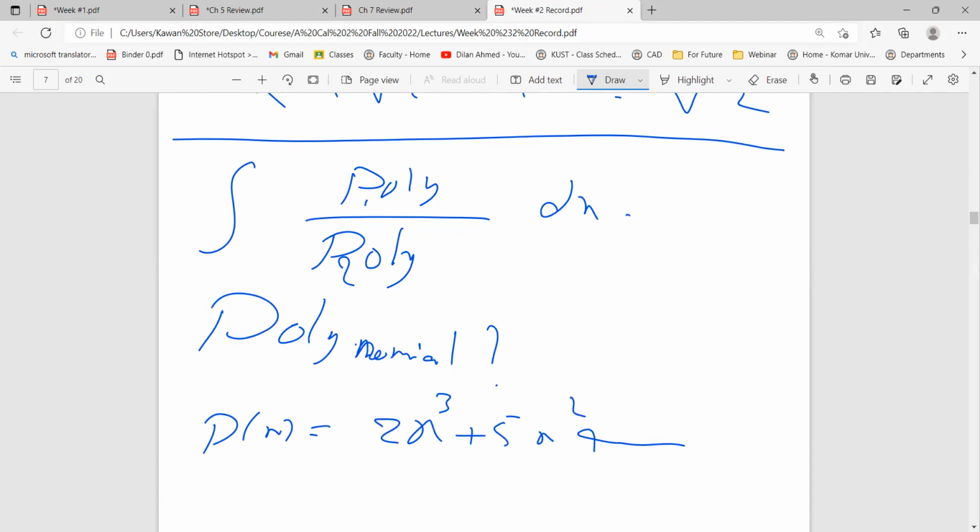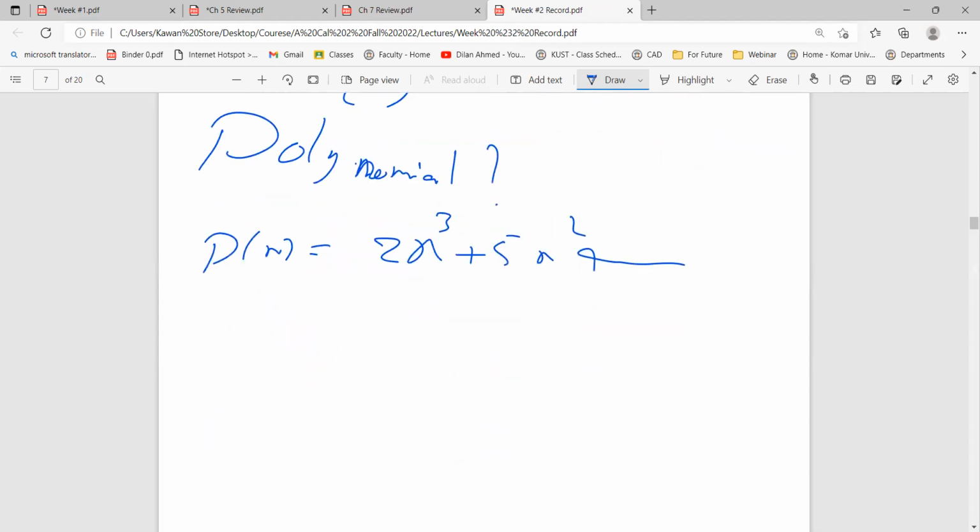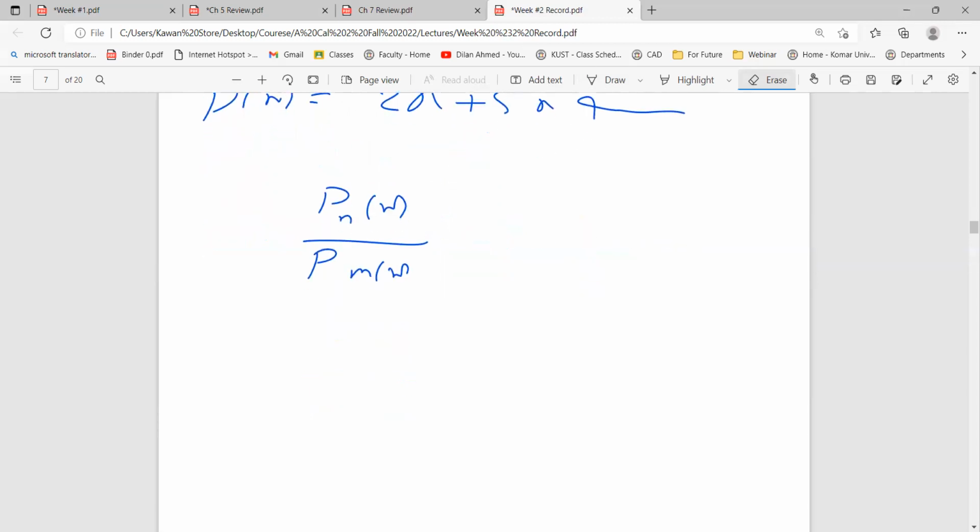We have many things. So if I have polynomial P_n(x) over P_m(x), what do you mean by P_n(x), P_m(x)? It means that I have two polynomials. One of them has a power, the other has another power. We have three cases. I'm not going to repeat that information from 8.1, so kindly listen carefully to me.